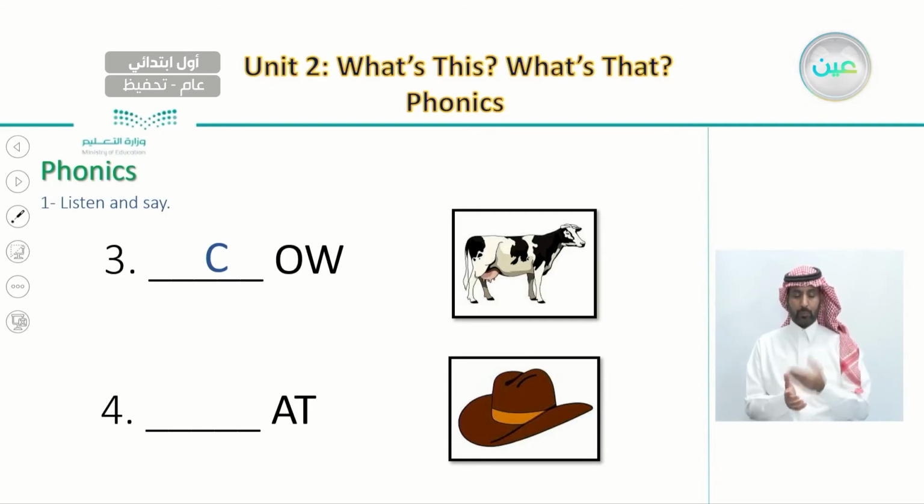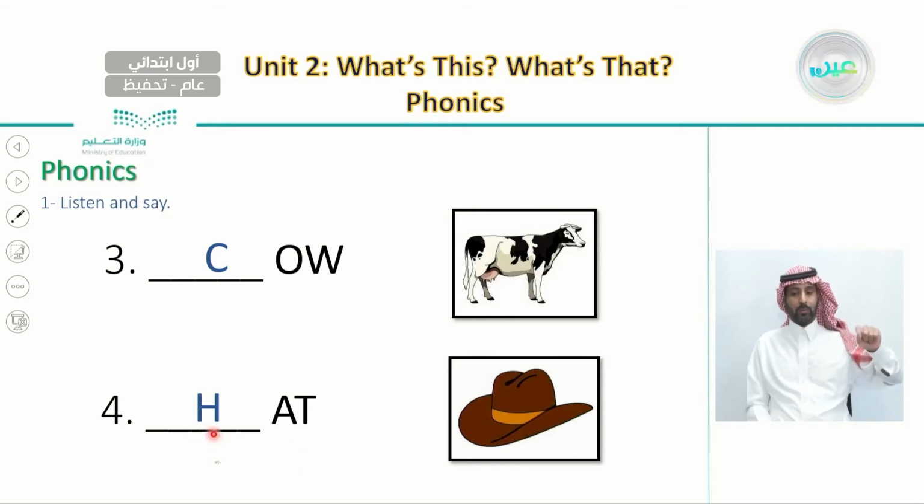Let's go for number 4. The letter is H, and we pronounce it as hat. Repeat after me. Hat. So this is a hat.